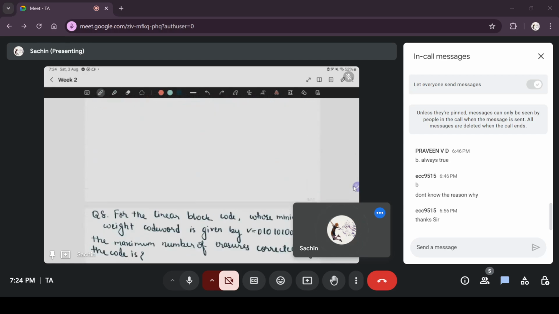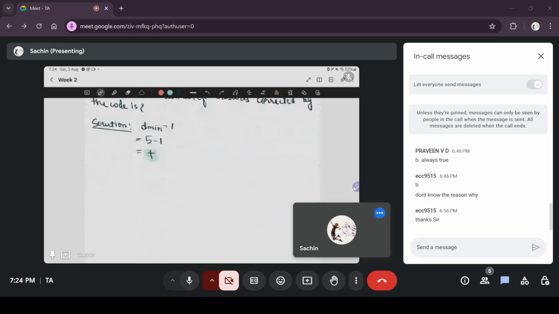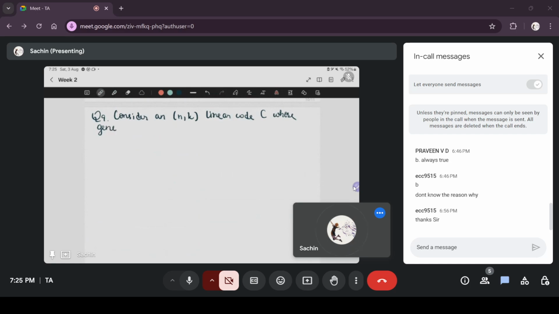Okay. So similar to how I had proved for that question, this question 9 also has a similar proof, similar method. Consider an (n,k) linear code. A code is labeled by the capital letter C, whose generator matrix G contains no zero column.